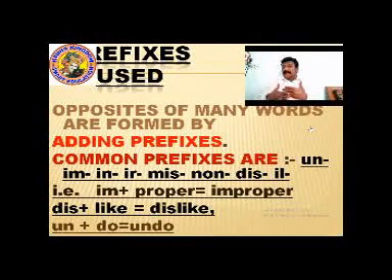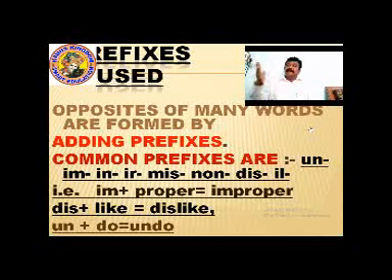Now the entire thing has changed. Proper became improper. How did it become improper? By using prefix, the group of letters which is added prior to the word proper. Prior to proper, we have added IM to form its opposite.